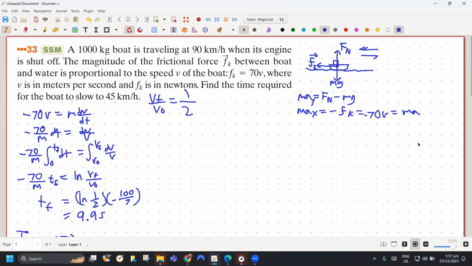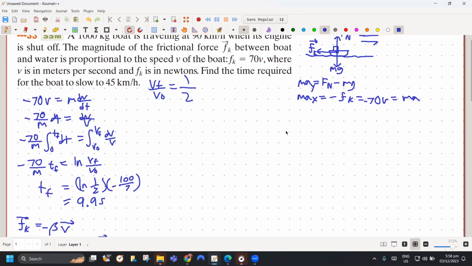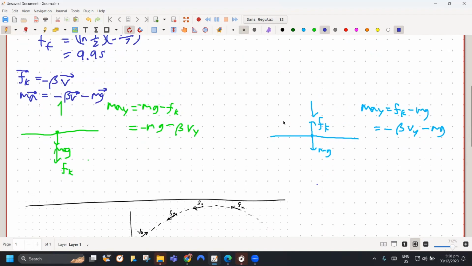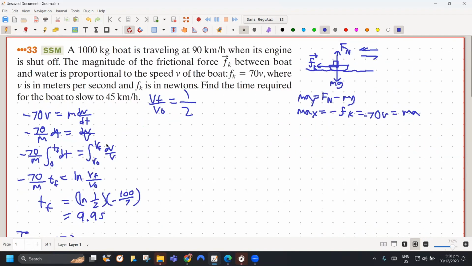So in general, negative beta over m, the abstraction we made. Negative beta over m times t, t for short, equals ln of v over v naught.